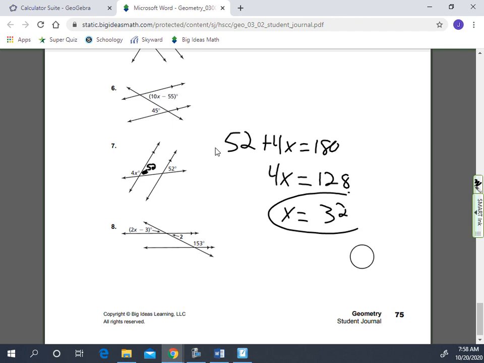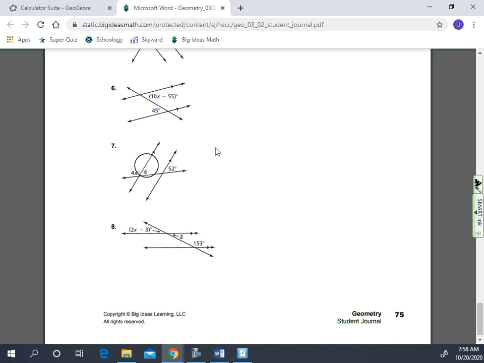Okay, moving on. The last one. We know that, let's just exit that out. Okay. These are alternate, oh no, they're not alternate interior, alternate exterior. Let's talk about this angle here. This is going to be 153 degrees because those are corresponding angles.